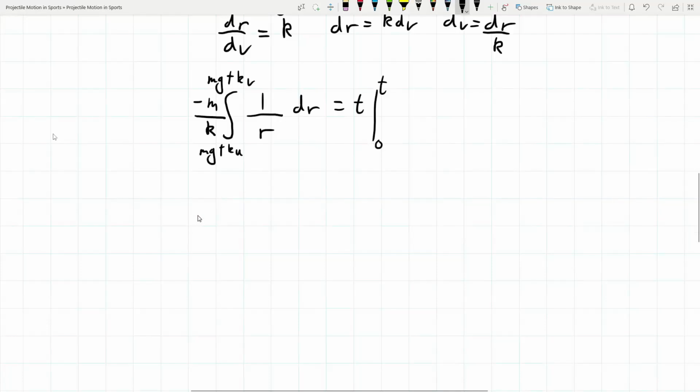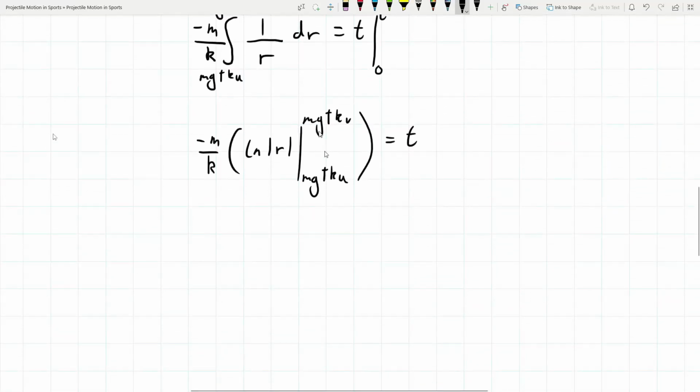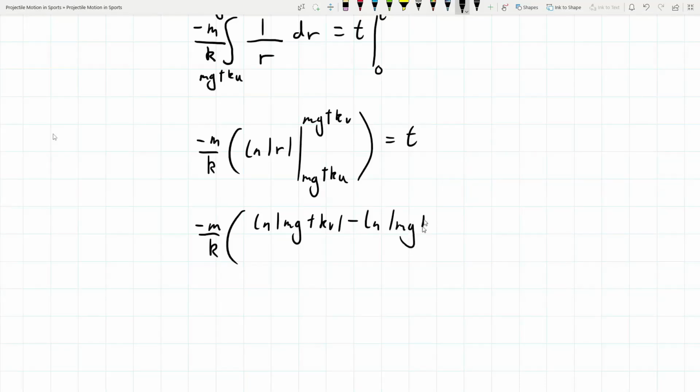So now we get minus m over k multiplied by the integral of 1 over r, which is just the natural log of the absolute value of r, evaluated from mg plus ku up to mg plus kv, equals t minus 0, which is just t. Now we can plug in the values, so we get minus m over k multiplied by ln of mg plus kv minus ln of mg plus ku, and that's equal to t.